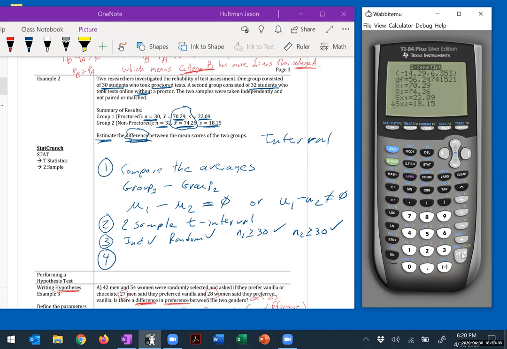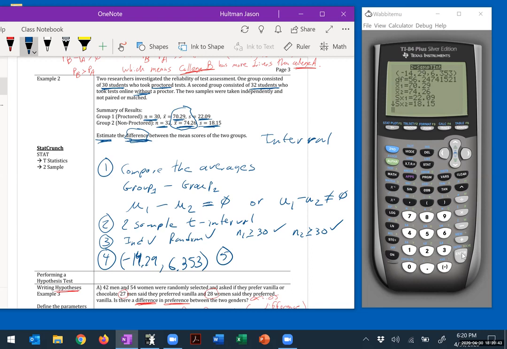This should come out with, okay, negative at the top there. This is my interval: negative 14.29 to 6.353. That's my confidence interval. So what's our conclusion?